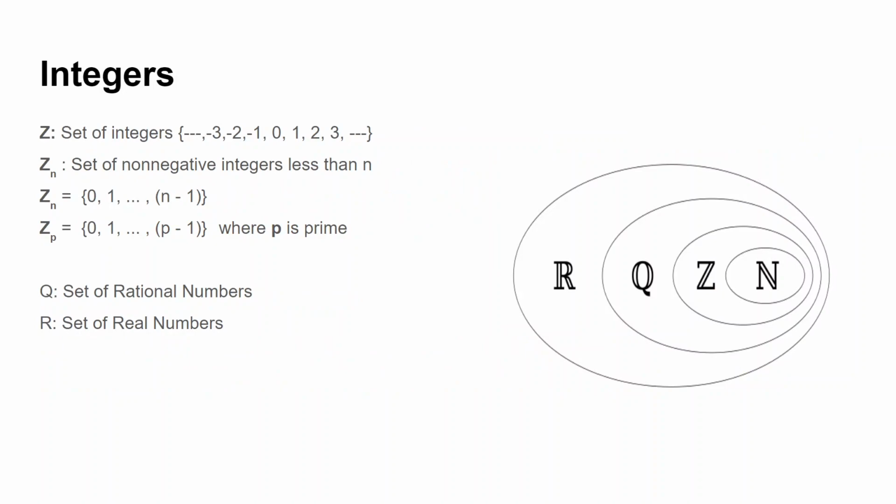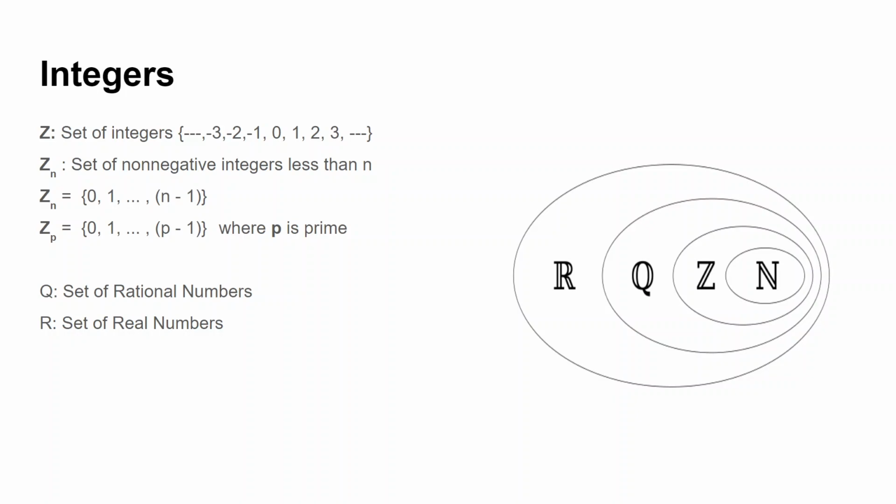Now let us discuss integers. To represent the set of integers, we use the notation Z. Integers can be from minus infinity to plus infinity. For example, -3, -2, -1, 0, 1, 2, 3, up to plus infinity. They are all the set of integers.